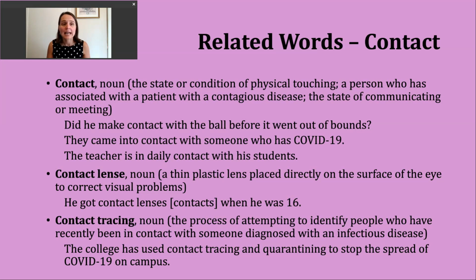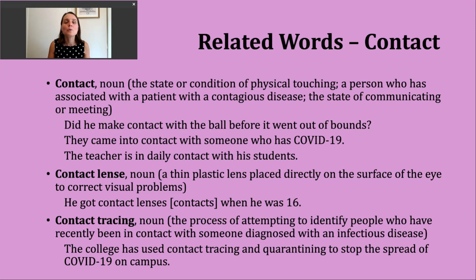A second way to use the noun contact is to refer to a person who has associated with a patient with a contagious disease. So, with this particular usage, you may have heard this in connection to COVID, right? And you'll see that in our example sentence here.